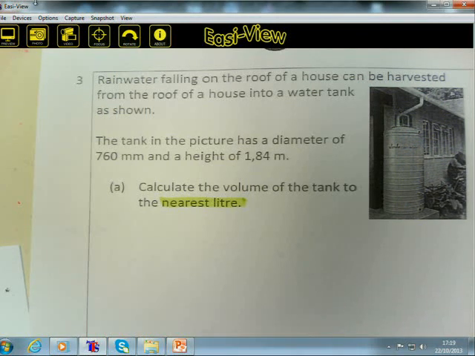The tank in the picture has a diameter of 760 millimeters and a height of 1,84 meters. The one is millimeters, the one is meters. Please don't just fill in these numbers into your formula. You must first convert. You must first get the radius because they have given you the diameter.